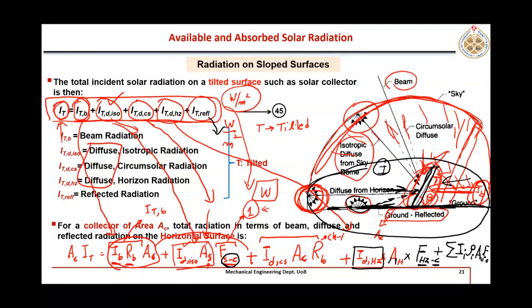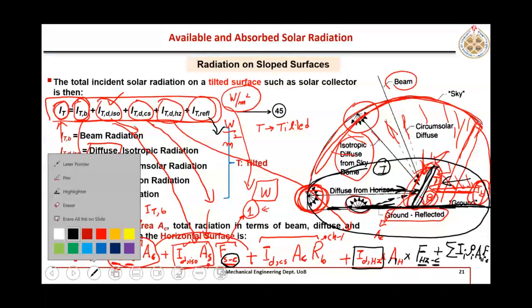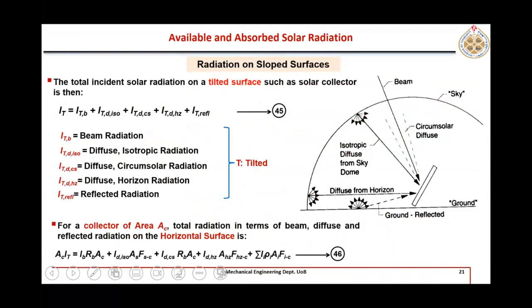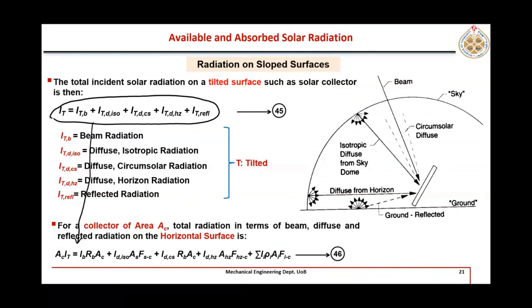Okay, now things become very messy. Let me remove it all and let me explain it again here. So now this equation is written by introducing areas, because here everything was watts per meter square.